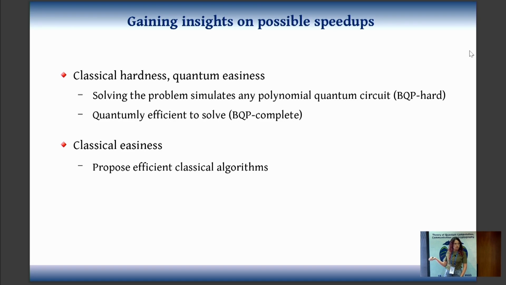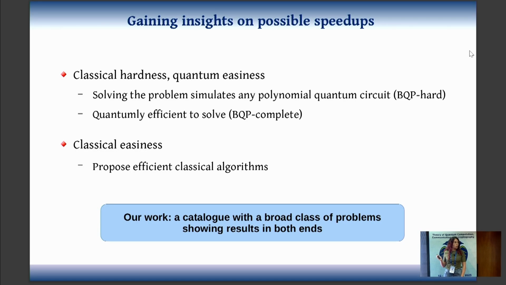So this problem is a BQP complete problem. On the other hand, we can investigate if we can just propose efficient classical algorithms for the problem. So if we can, then it's probably an easy problem for a classical computer.